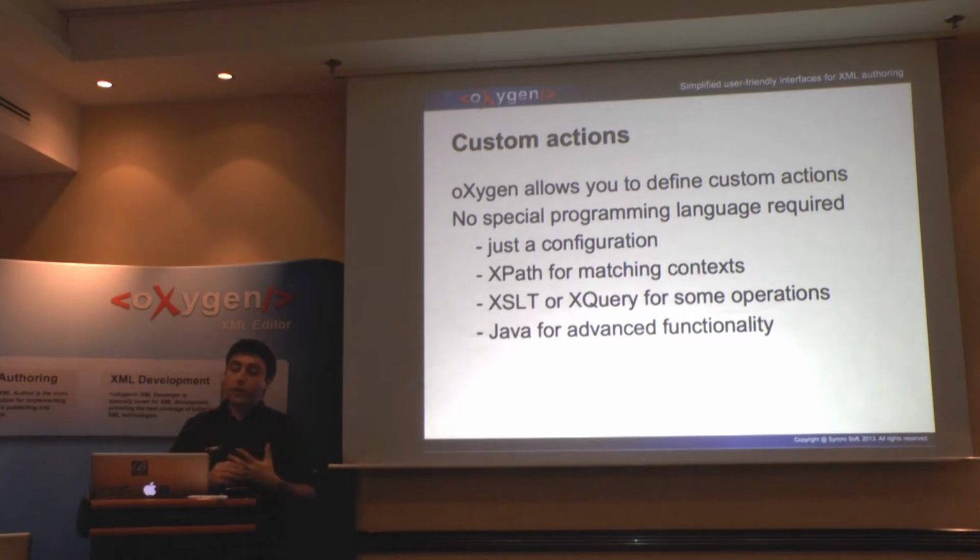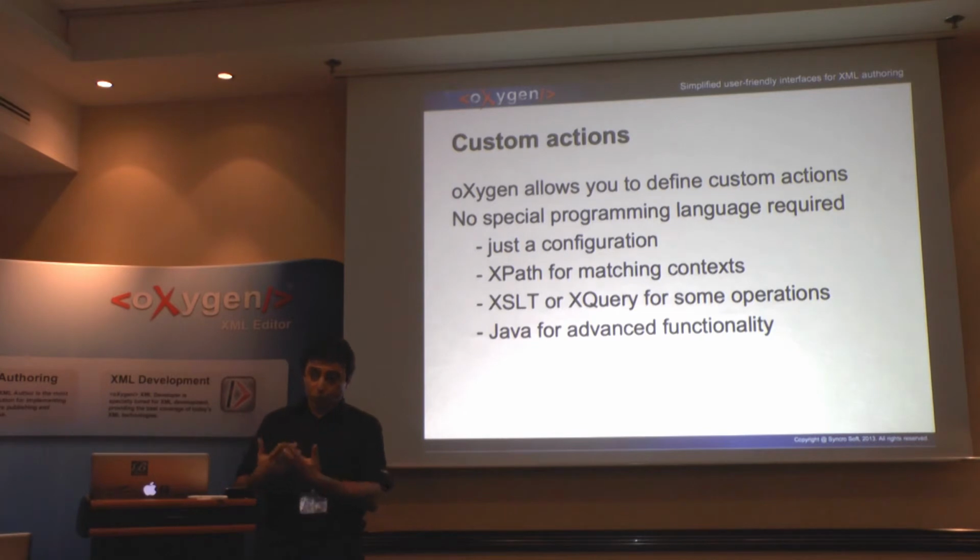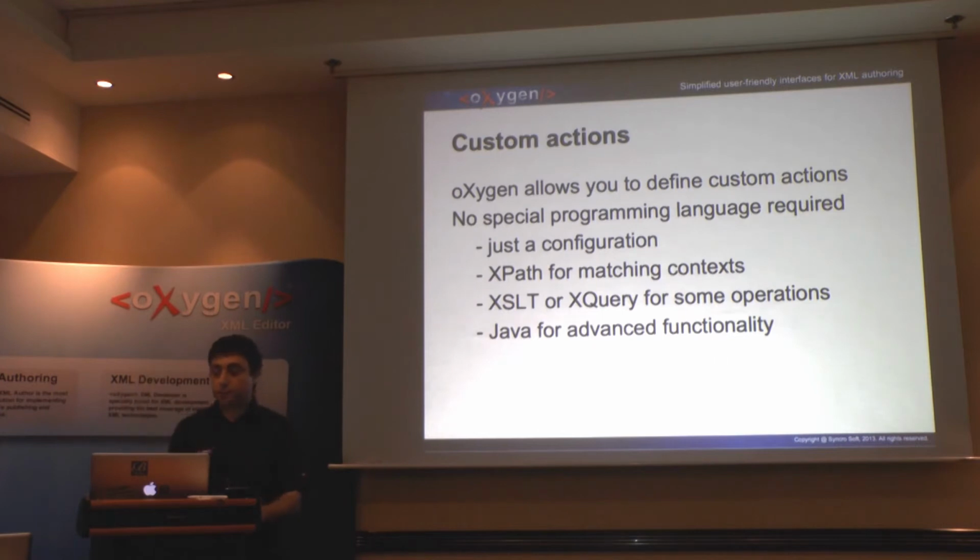For defining these actions, in general, you do not need to know any programming language. We provide a library of common operations, and you can just select them and tune some parameters.